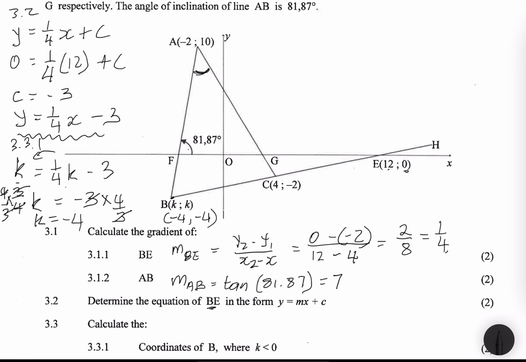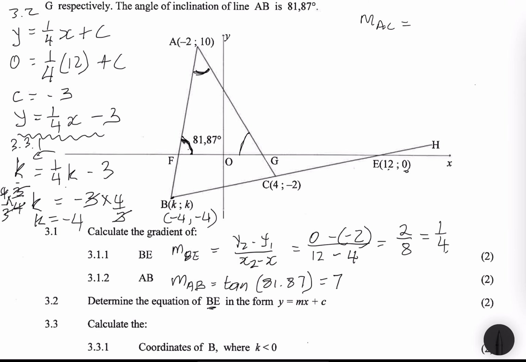I already have this angle inside here, but we can actually obtain this angle over here, which is angle G, if you want to call it that, in that triangle. So how do we do that? We can find the gradient of the line AG, or AC.